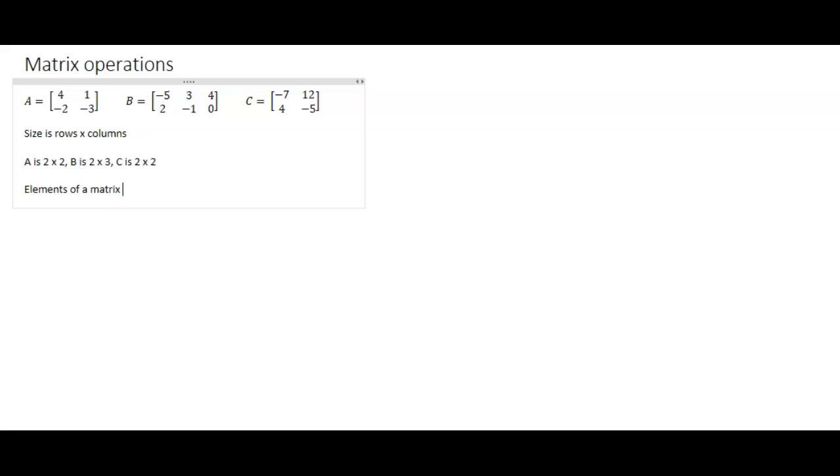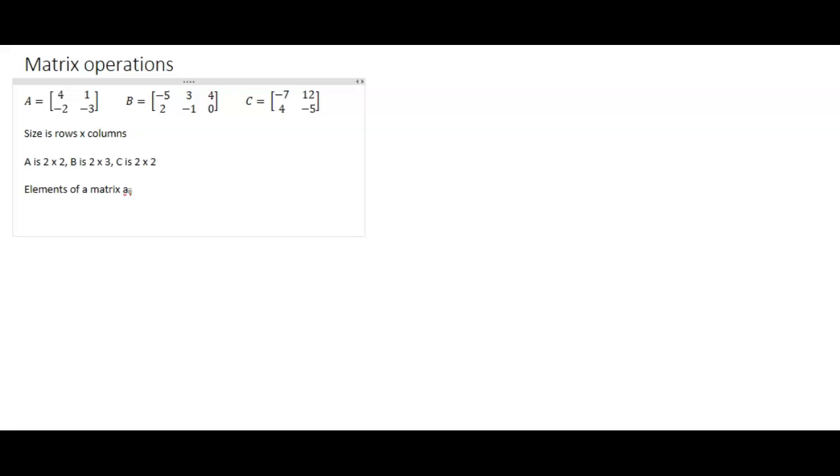The way we write that, I'm going to write lowercase the name of the matrix, so if I'm talking about matrix A, and then as a subscript, I'm going to put the row and then the column. So Aij means the element in matrix A in row i and column j.